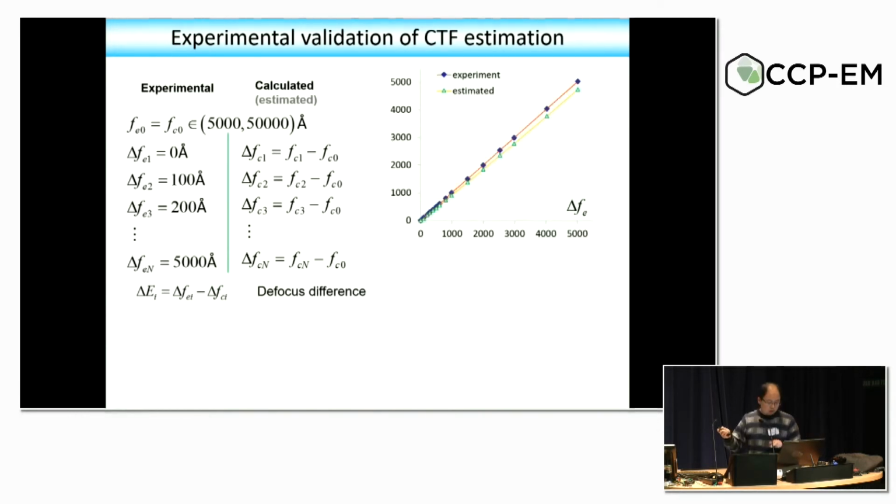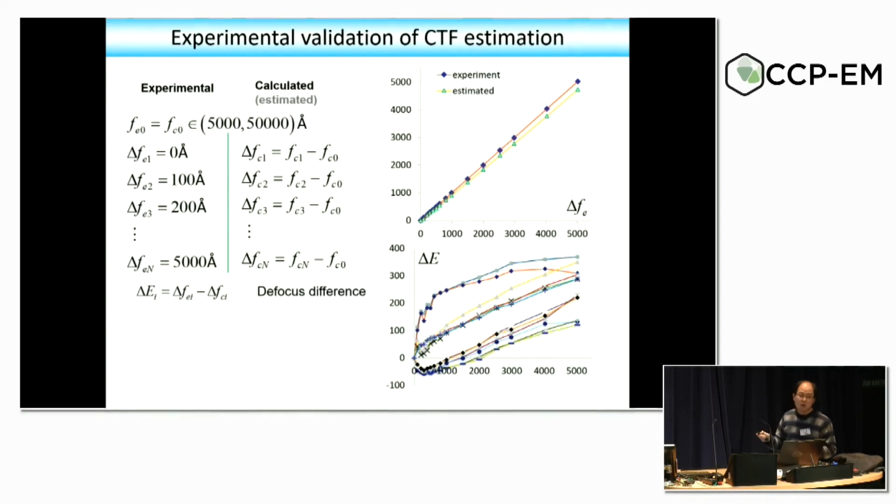And then you plot the difference between the experimental values and the calculated. What I found interesting is that when you increase the defocus, the error becomes bigger and bigger. I was curious what happened and tried the whole range of defocus and found the same phenomenon. It's always the same: when you increase the defocus, the error becomes bigger.